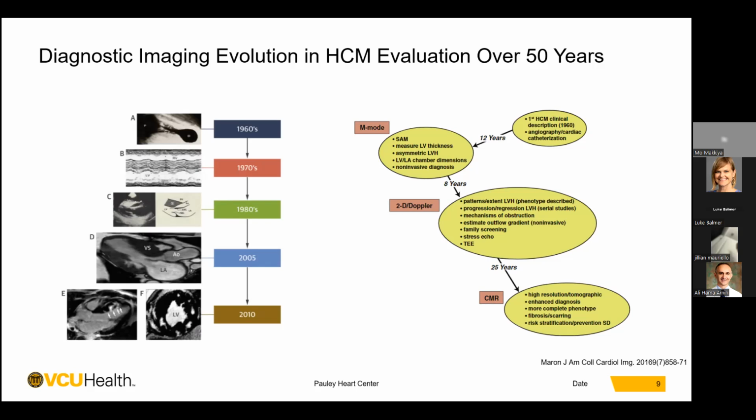Then in the 70s, M-mode echo came, measuring the LV thickness and detecting SAM. Then in the 1980s, the introduction of 2D echo in evaluating HCM and measuring the LV dimensions in parasternal long axis or short axis views.